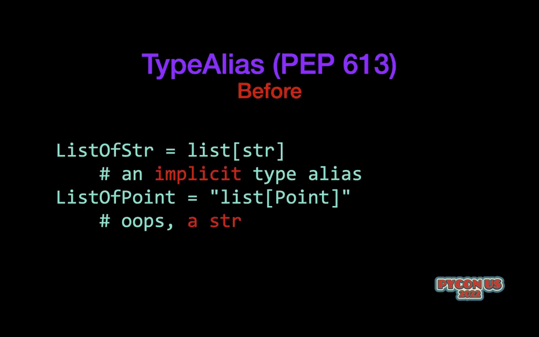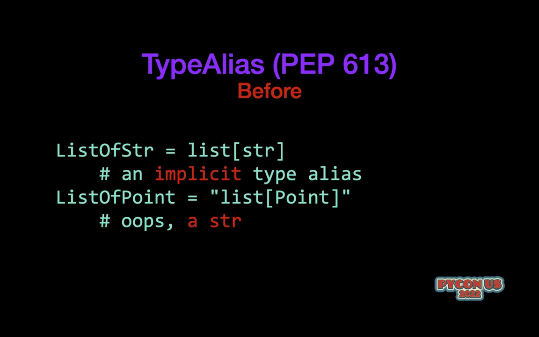Moving on, TypeAlias. So in Python, we've had the ability to define type aliases for a long time implicitly by assigning effectively a type expression to a variable, and then that is interpreted by type checkers as a type alias.